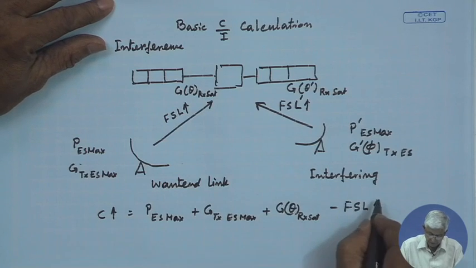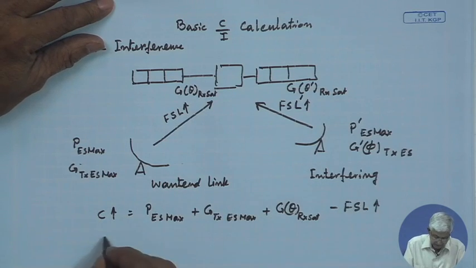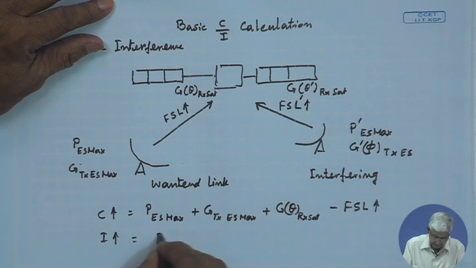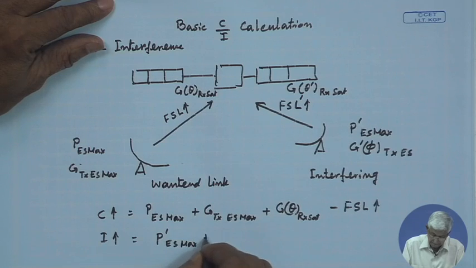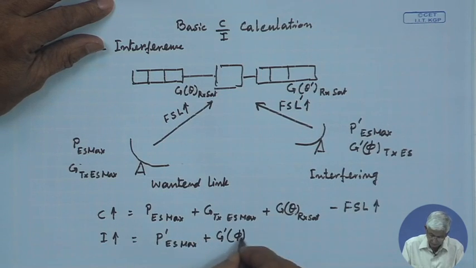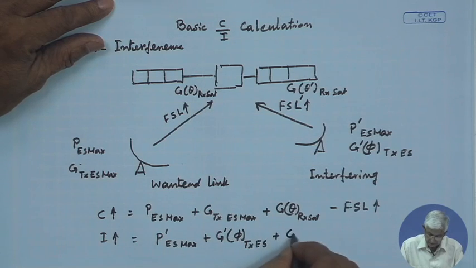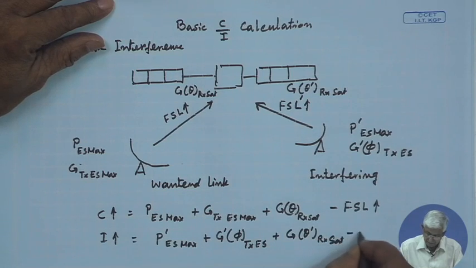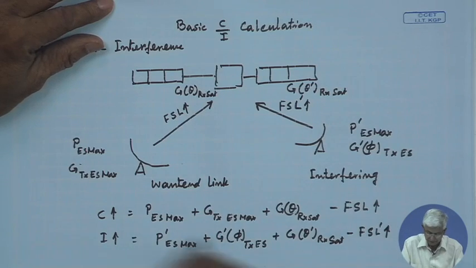This is in dBW. And what is the interference in the uplink? I is from this side, that is P dash a station max plus G dash phi transmit station plus G theta dash receive satellite minus FSL prime uplink. This is in dBW.